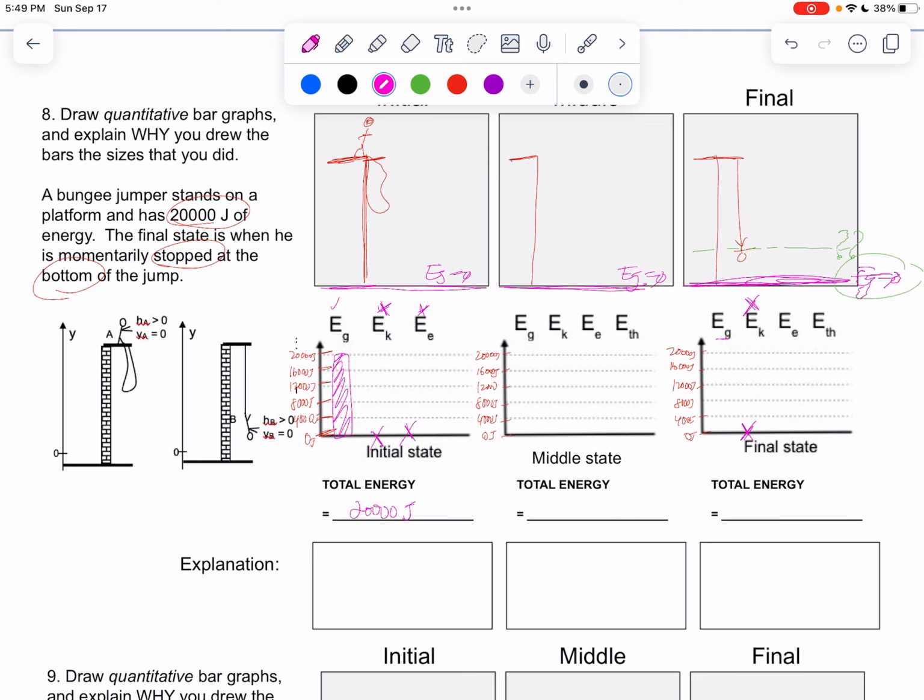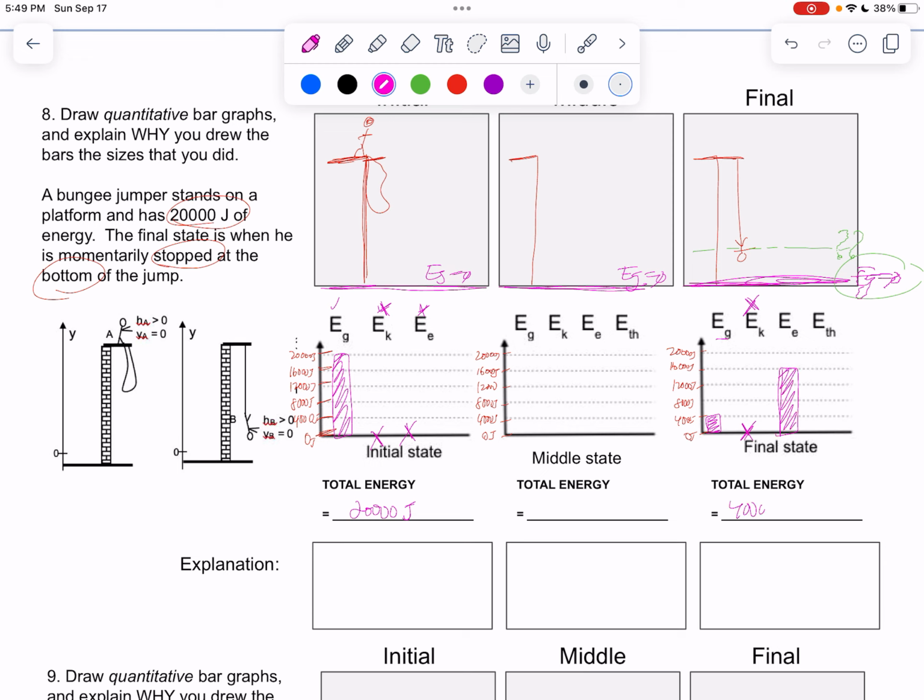So he's going to have some amount of EG. I'm just going to give him like 400 to start with. And then the EE has to be the rest of it, right? Because that cord is super stretched there. So if it's 20,000 total, that means I need 16,000 in the EE.